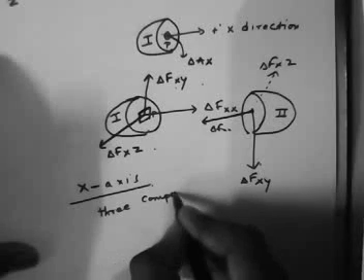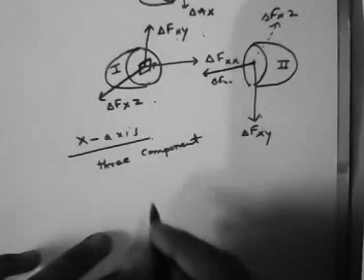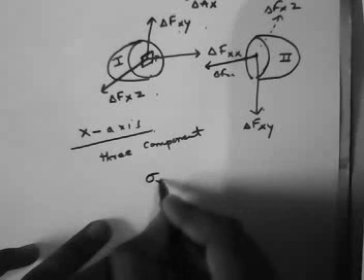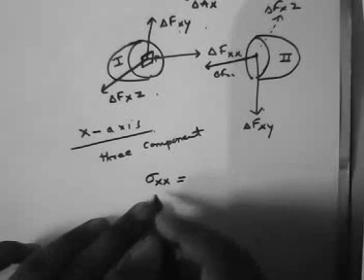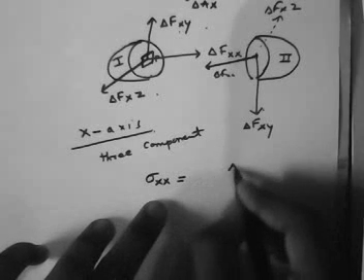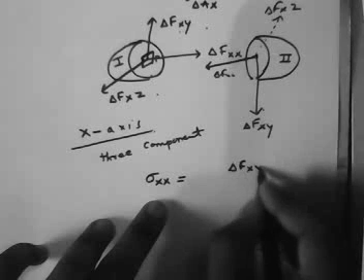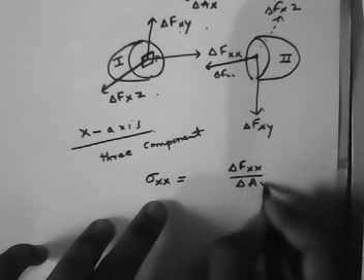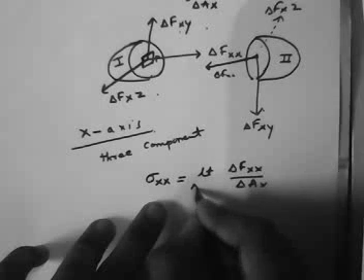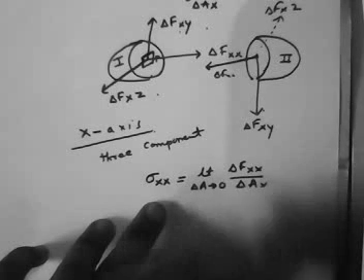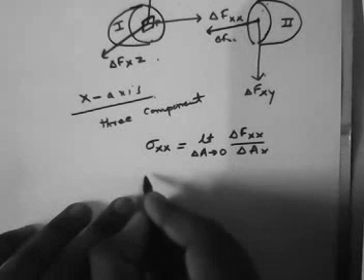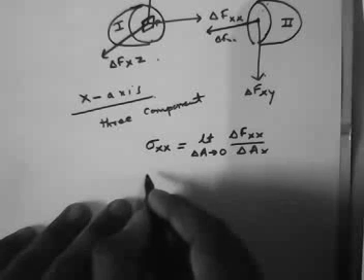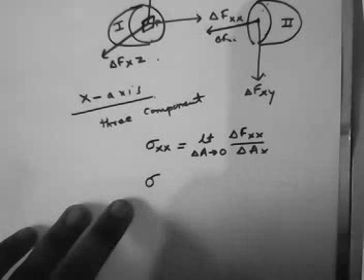So when you cut the plane perpendicular to the x-axis, you are getting three components of forces, and the corresponding stresses. If you denote sigma xx, that is the stress vector or traction vector, that is del Fxx by del Ax, limit delta A tends to 0. This is the first component of stress that you are getting.